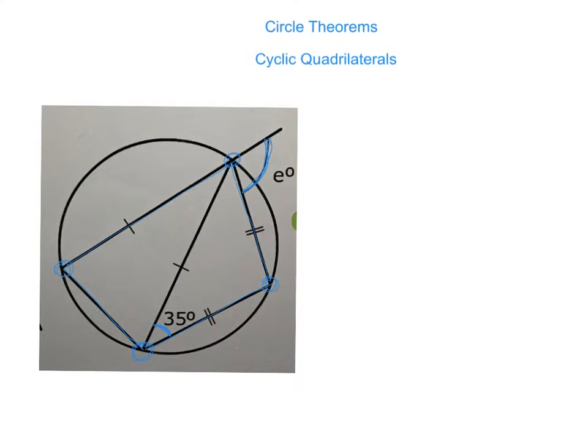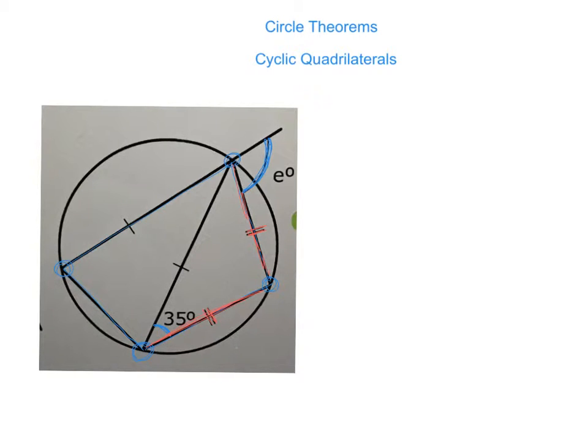We're going to use some of the information that we already know to work out what this angle is. One of the things we can look at is the fact that we've got these two lines here. Hopefully we know that means these two lines are the same size.